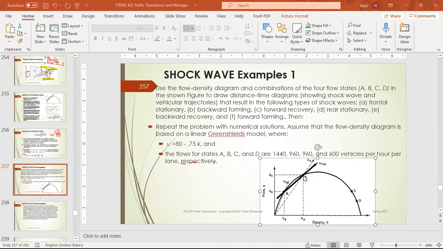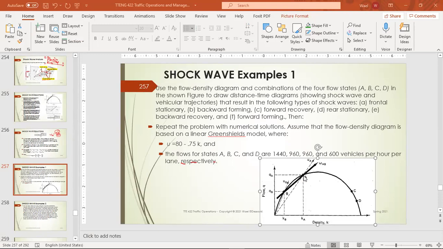Okay, what was the requirement here? The requirement was basically to calculate the flow density diagram and the combination of the four flow states in the shown figure.